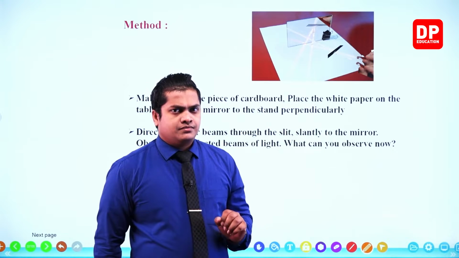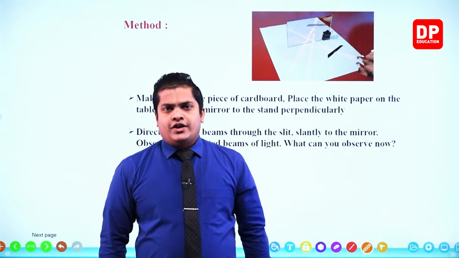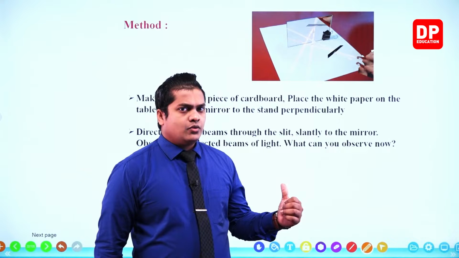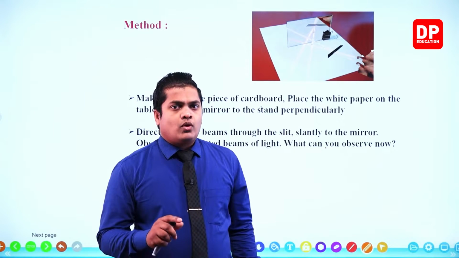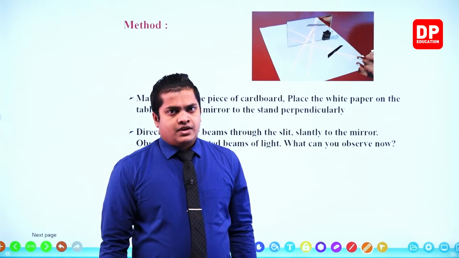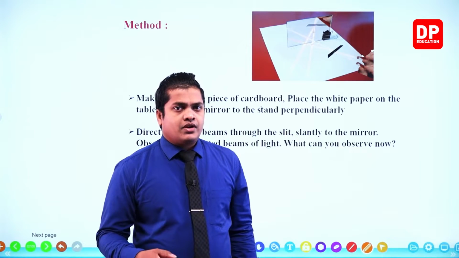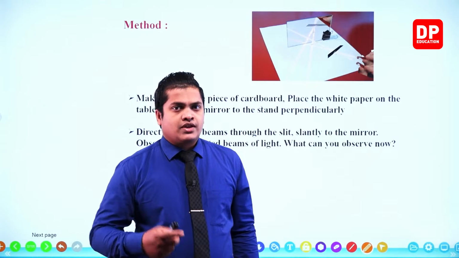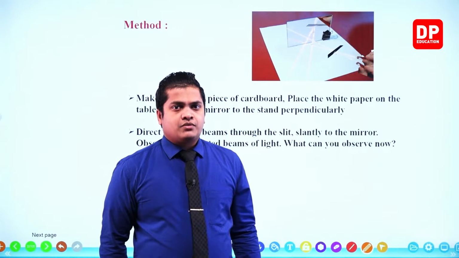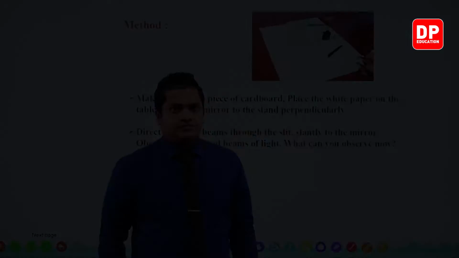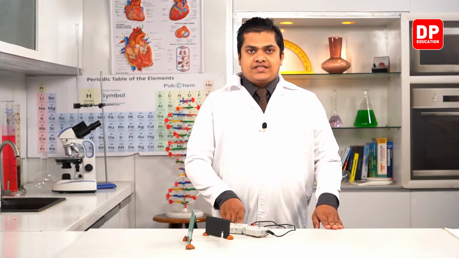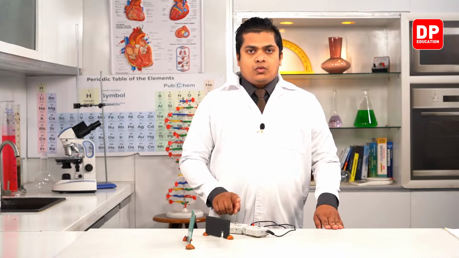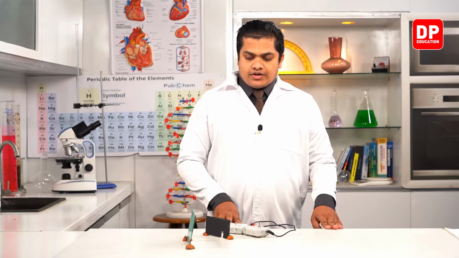Pretty simple. Let's once again head on to the laboratory and continue with this activity, and let's observe what our observation is. Once again we'll come down to the classroom and discuss that observation and what our conclusion is from it. So, my dear children, within this activity I have two laser torches. Two laser beams are directed towards the plane mirror through this cardboard sheet that has a small line of a hole like this. Through that hole, two laser beams are directed towards the plane mirror over here.